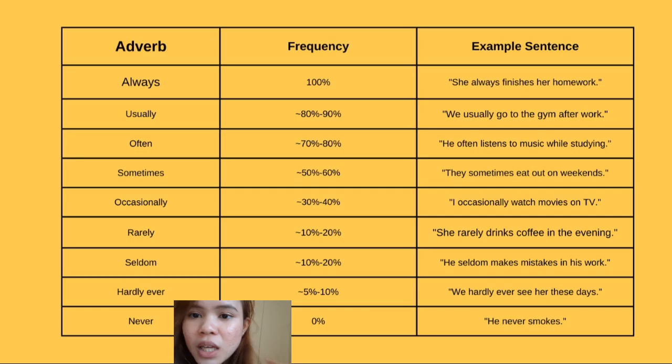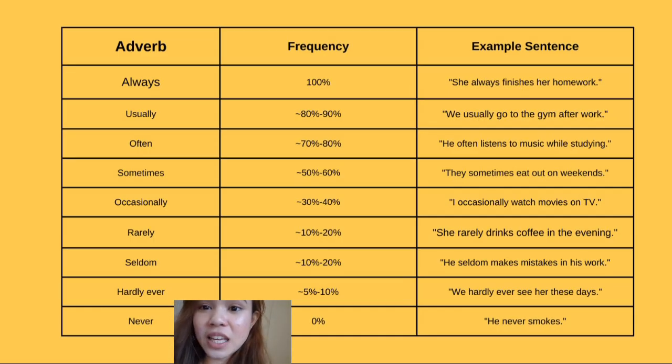And usually, for example, we usually go to the gym after work. And then often, he often listens to music while studying. And for sometimes, they sometimes eat out on weekdays. And occasionally, I occasionally watch movies on TV.